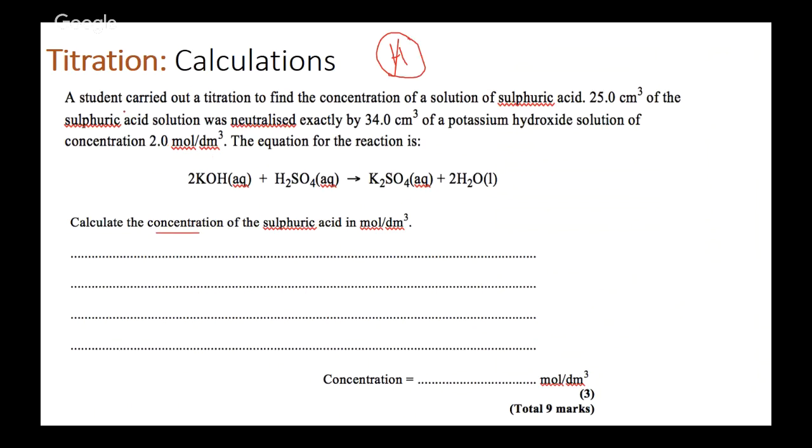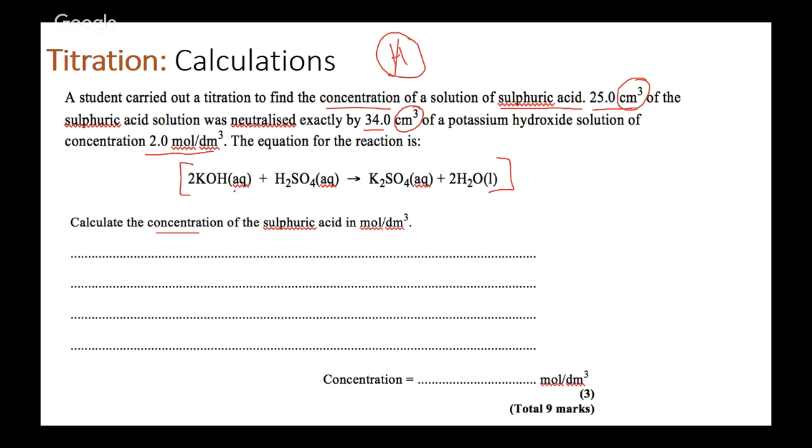So here it says, a student carried out a titration to find the concentration of sulfuric acid. 25 centimeters cubed, this unit's important, of the sulfuric acid was neutralized by exactly 34 centimeters cubed of potassium hydroxide. The potassium hydroxide had a concentration of 2 moles per decimeter cubed, and the equation is given below.